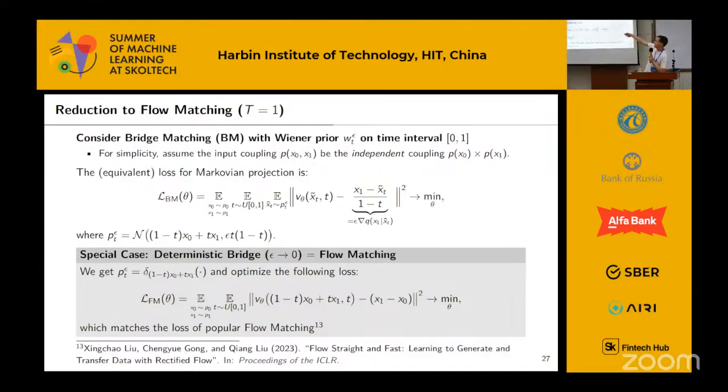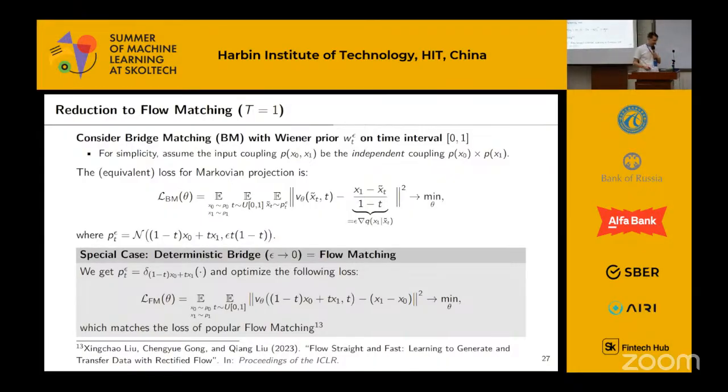And if we consider the limit of this objective when the variance of our prior Wiener process converges to 0, then this will actually be the interpolant between x0 and x1. And this will boil down to the standard objective which we have in flow matching.